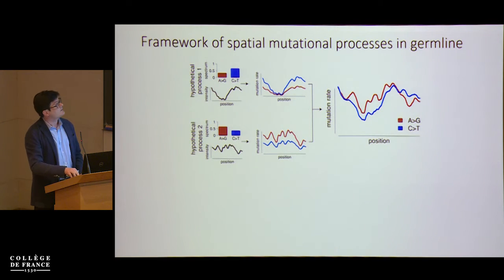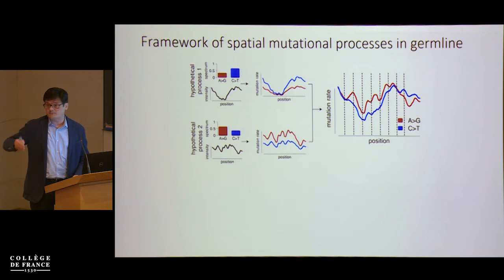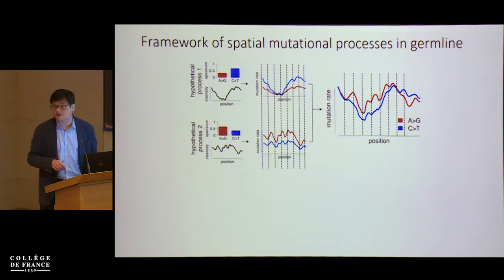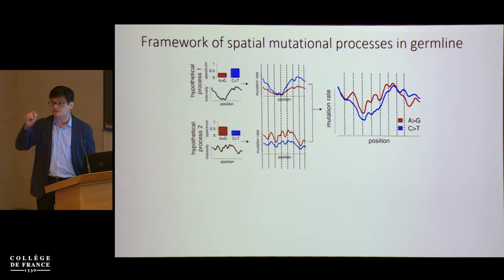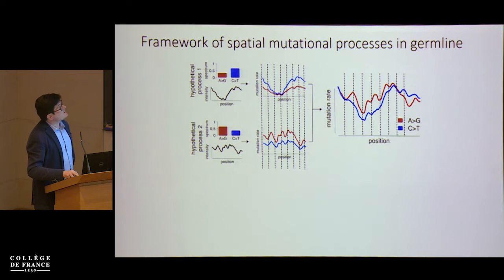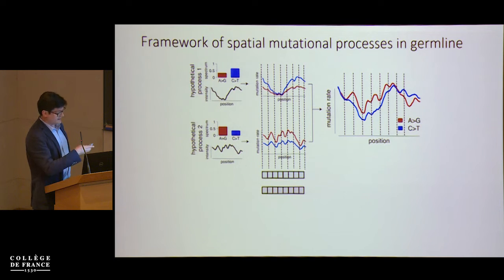So what we're doing is we cut up the genome into windows. This means that I assume that every process has differential intensity at each window. Okay, so every process is characterized by mutational types, and its intensity along the genome varies. This means that I can take, for each process, this row, right, which would be intensity at each genomic window.